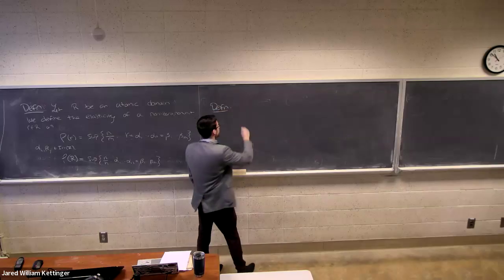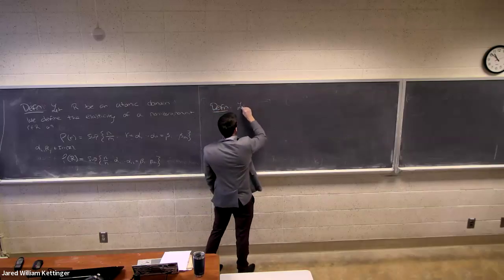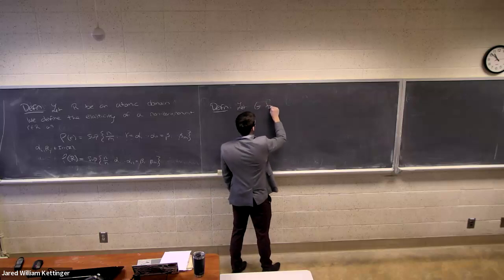Everybody's favorite algebraic object. We're gonna let G be a finite abelian group.